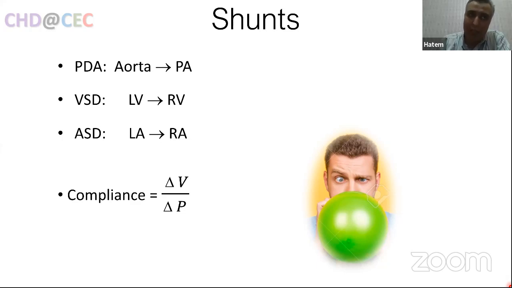This is a diastolic event, when the blood flows into the left ventricle. So left ventricular end diastolic pressure is higher than right ventricular end diastolic pressure, because compliance of the left ventricle is worse than compliance of the right ventricle, because the LV is subjected to higher pressure than the RV. And so the net flow across an ASD is left to right because of the worse compliance of the left ventricle than the right ventricle.